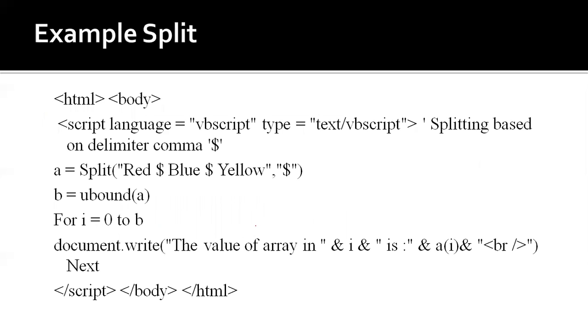This is the example. As you can see in this example, there is a variable a which is equal to split. There is a string red, $blue, $yellow, and after a comma it is written $symbol. This is the delimiter.